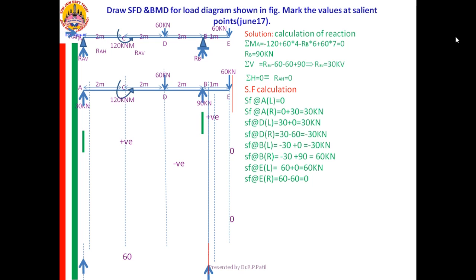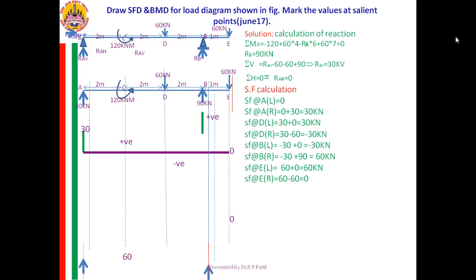Then join those tips based on the variation of the SF. So the first part we have completed. Now put the ordinates there. First SF at A left is 0. Draw the 0 line. Then from left to right I am going. SF is becoming plus 30.